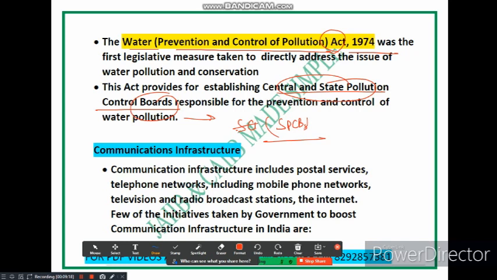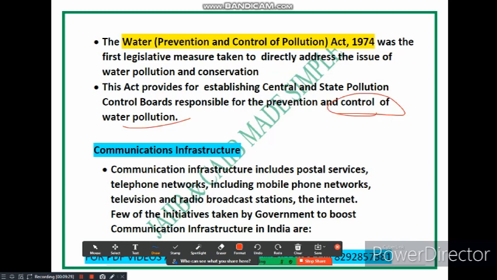Now what are the functions? These boards are responsible for overseeing and implementing measures to prevent and control water pollution. They regulate industries, monitor water quality, and enforce pollution control standards to ensure that water bodies are not polluted beyond permissible limits.